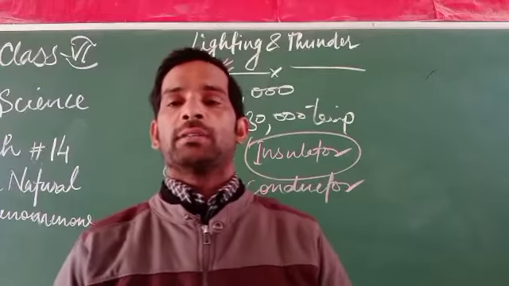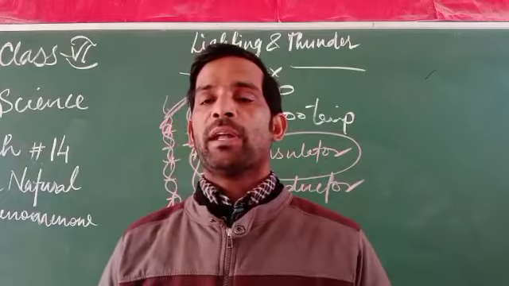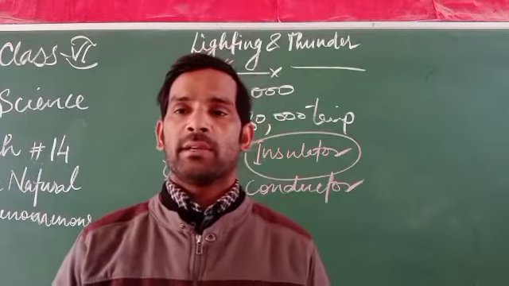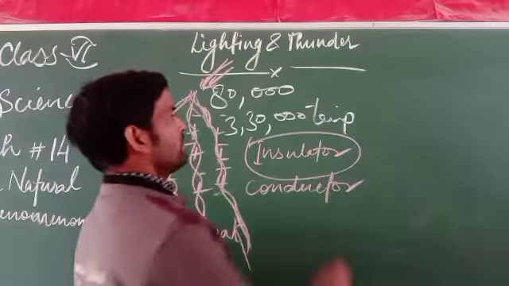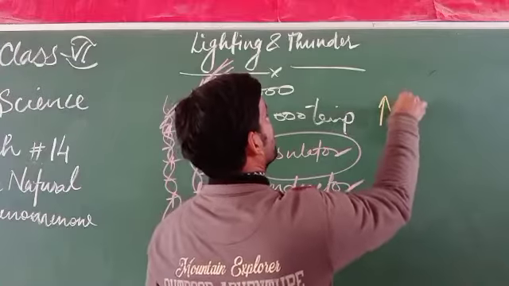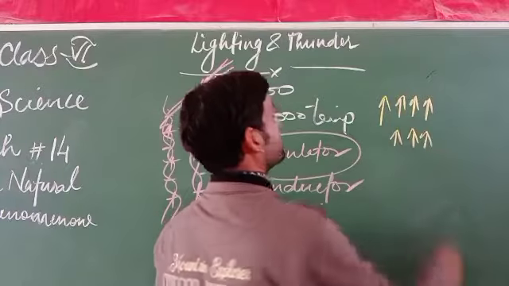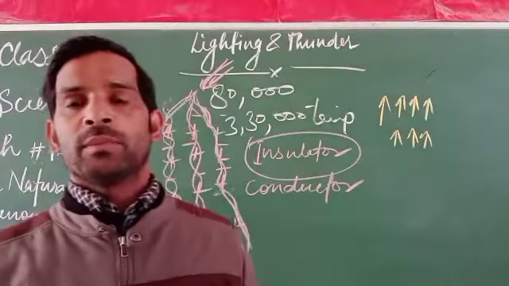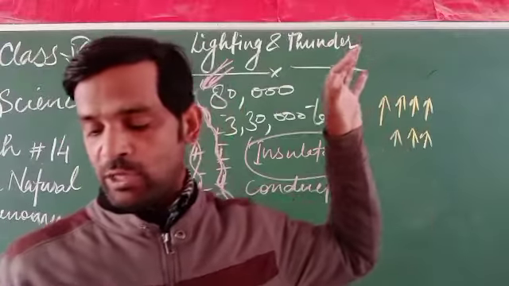Suppose there are two types of air, warmer air and moist air. When the warmer air goes up and up, being lighter, it moves upward to the top of the atmosphere.